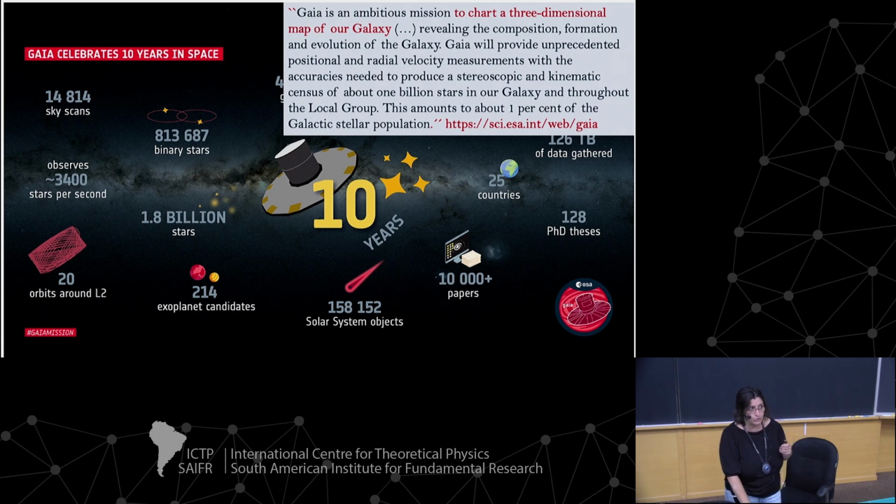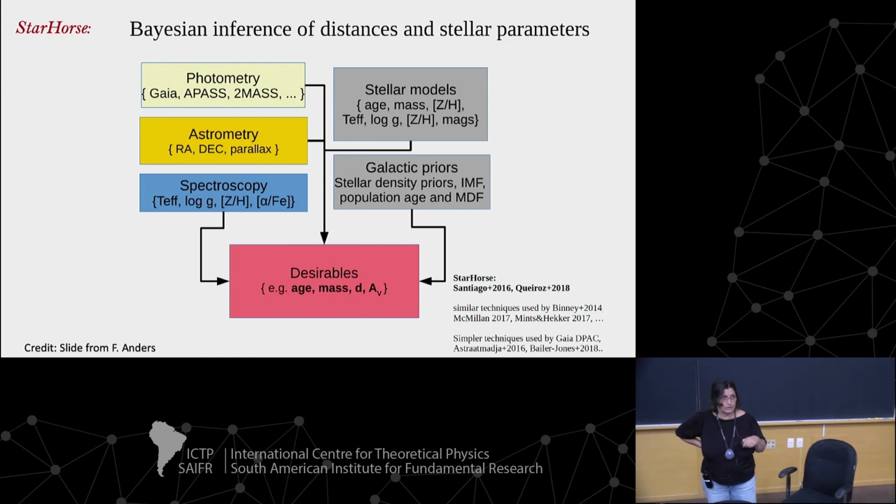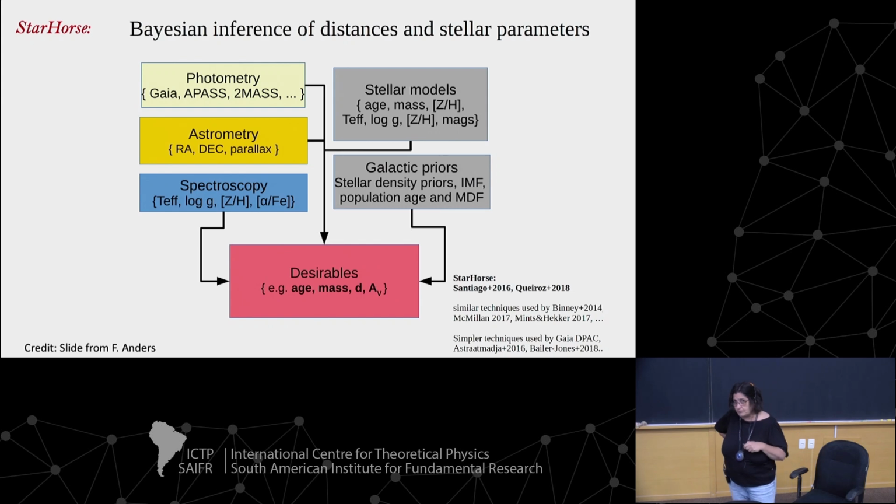So how am I going to use this data? We had to start preparing this before, of course, not to be caught at the last minute. Together with Basílio Santiago here from Brazil, I started a collaboration to build a spectrophotometric code using a Bayesian analysis, which I saw you already heard what a Bayesian analysis is, in order to complement Gaia with more information and immediately try to extend and see for the first time the map of the Milky Way up to the bulge.